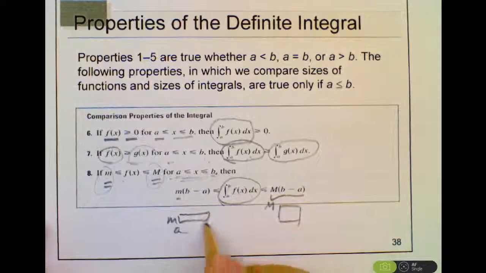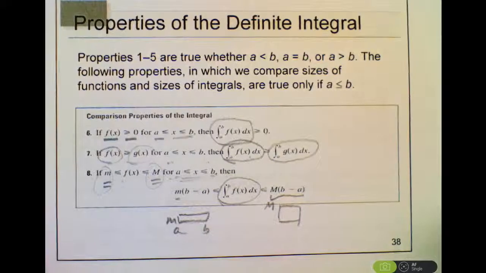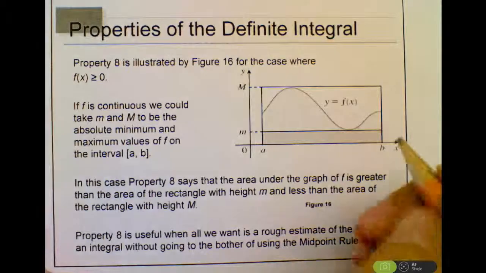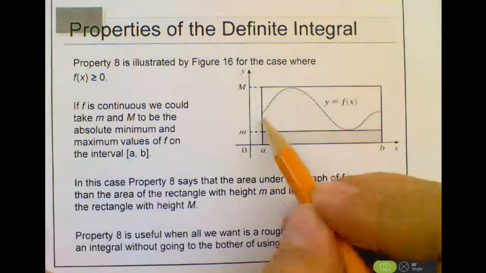This is still from a to b, so this will be length b minus a. I choked a little bit there, but let me explain it now.